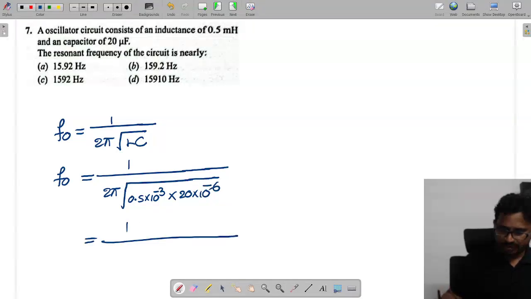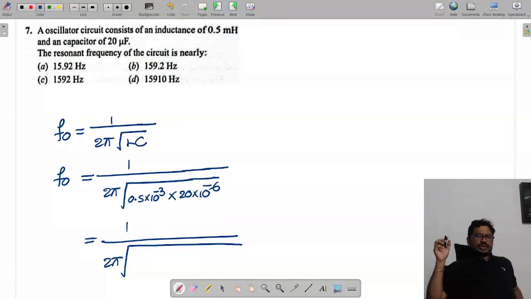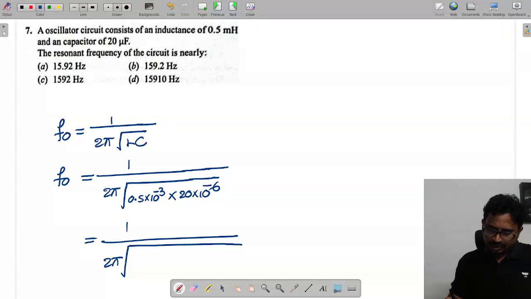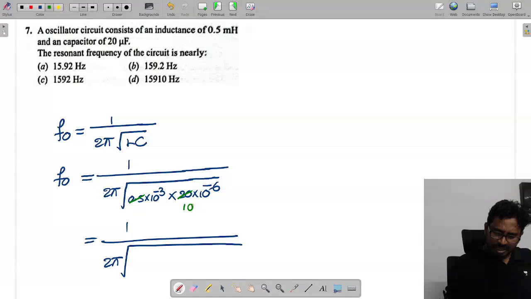So you can simplify this. It is 2 pi into square root of, if we multiply 0.5 with 20, it comes as 10, and with this 10 I can remove the 0, so minus 2 here.